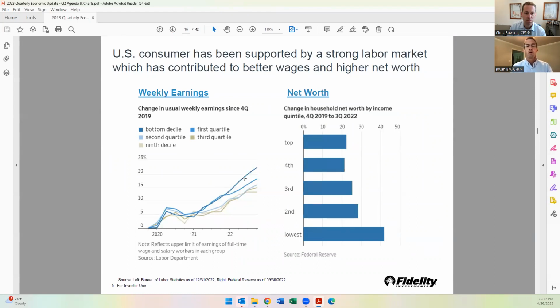So the wage disparity that gets communicated by various channels, as you can see, the wage growth has helped.